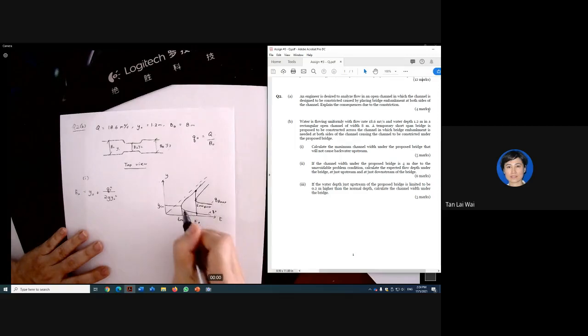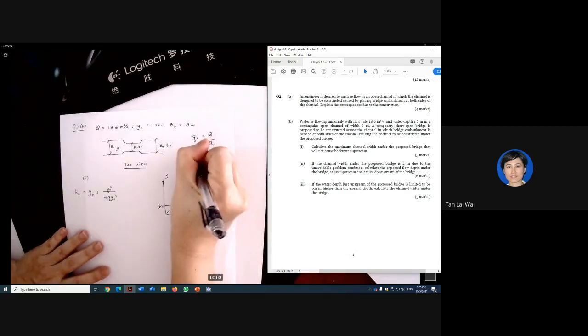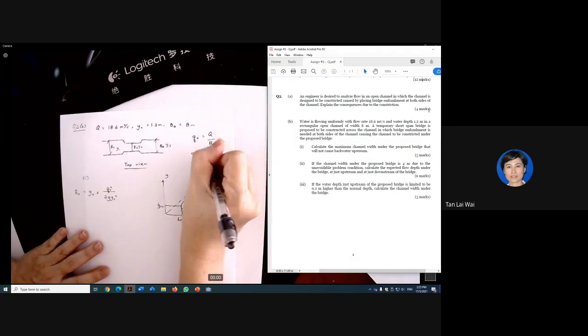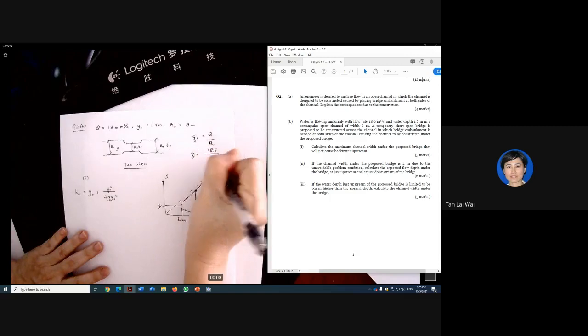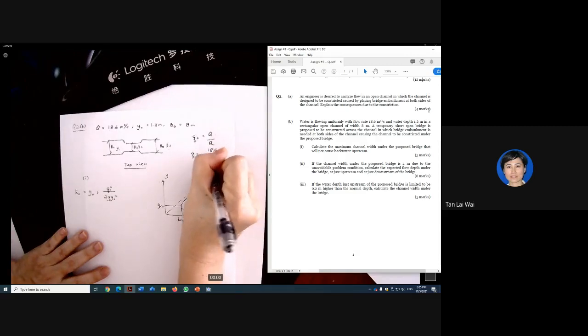So just be careful about the Q that you are using. If you are going to find Y using this curve, you need to utilize Q naught, but on this curve you need to utilize this Q here, Q2 basically. So Q naught is equal to Q, which is 18.6, and V naught is 8 meter.